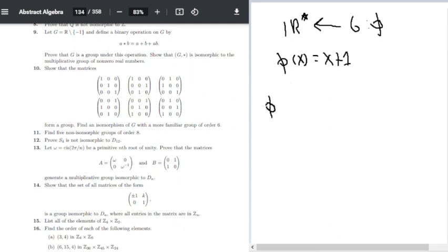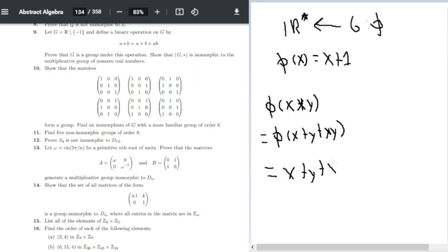So phi of x star y is equal to phi of x plus y plus xy, which is equal to x plus y plus xy plus 1, which equals x plus 1 times y plus 1. Oh my god, that was actually it.